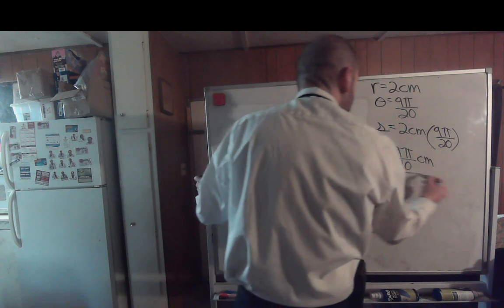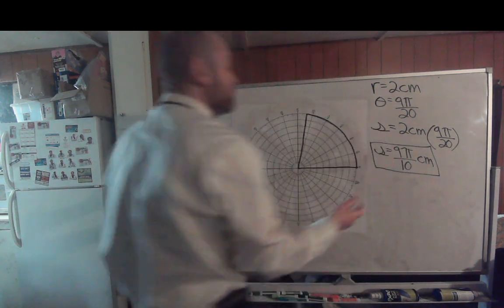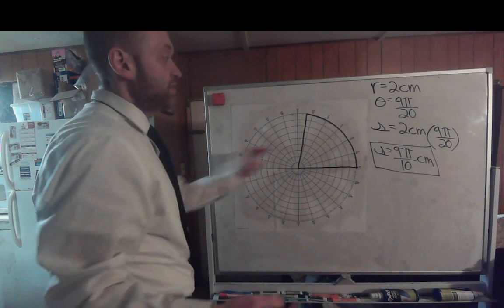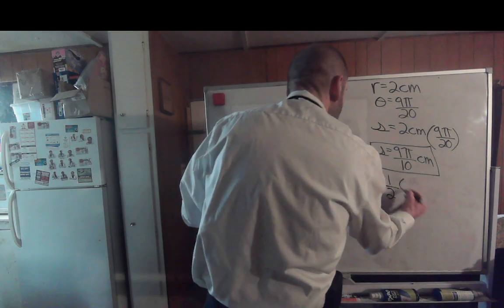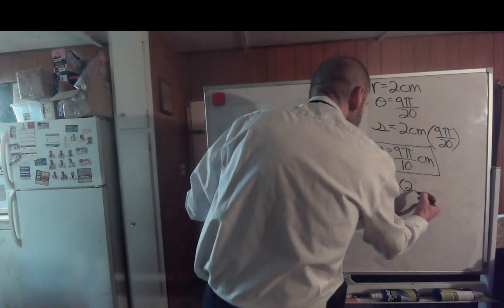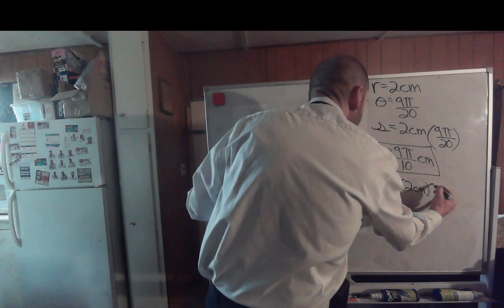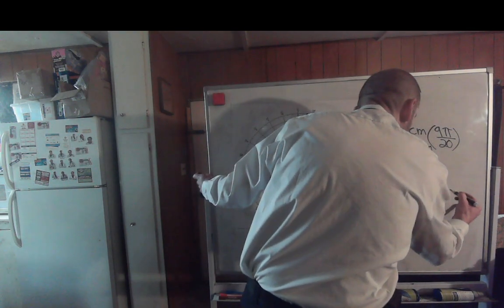So that means I have an arc length of 9 pi over 10 centimeters. Now I can find the area of this whole sector if I take 1/2 times that radius of 2 centimeters to the second power times my theta of 9 pi over 20.